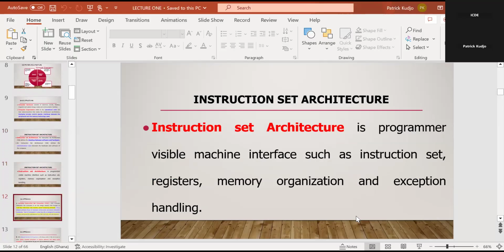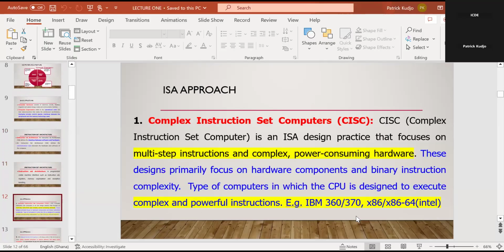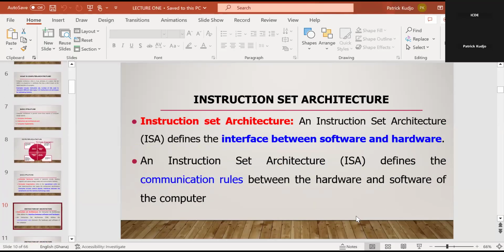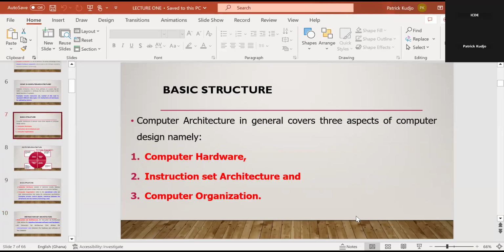So let's proceed. With that concept, we can talk about the complex instruction set and the reduced instruction set. Please remember, we are discussing the basic structure. I repeat, computer architecture in general covers three aspects of computer design: the computer hardware, the instruction set architecture, and computer organization.